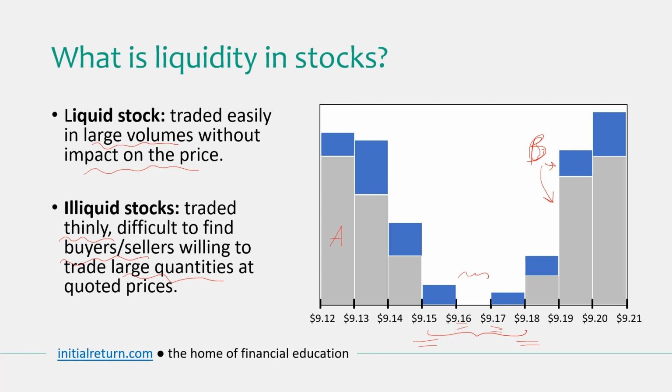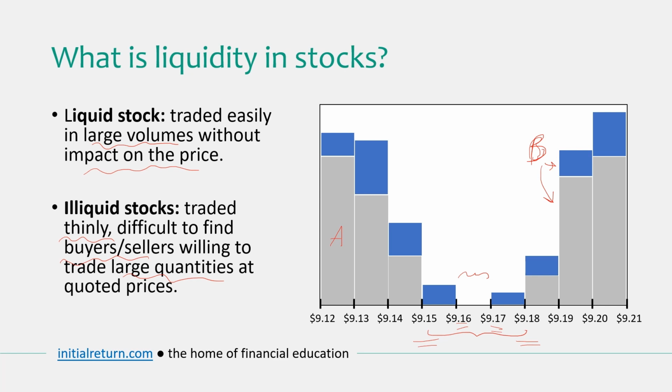And also imagine a large market order arriving here for either stock, let's say 5,000 shares or whatever. For which stock would it make a bigger impact on the price? The answer is A, because if you look at B, there is more volume available at each price level. Market orders will take away liquidity from the order book. Again, we have a separate video on market orders and limit orders. You can check that out.